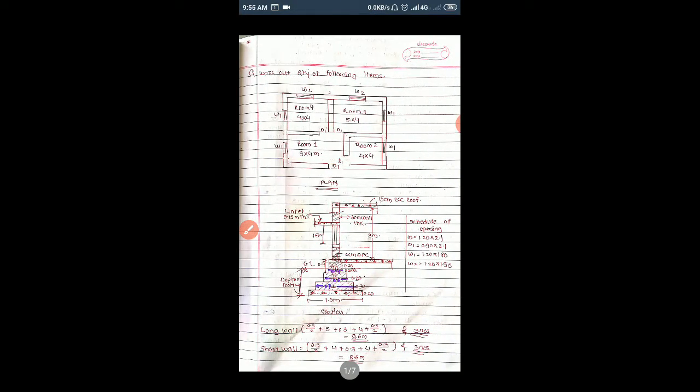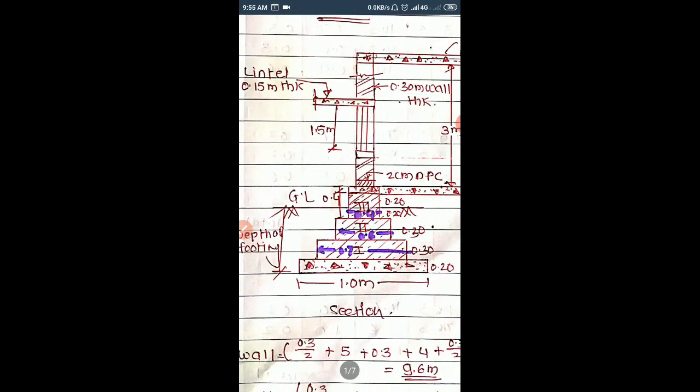Then moving towards the uncoursed rubble masonry. For uncoursed rubble masonry we have three steps. This is step 1, this is step 2, and this is step 3. For each rectangle we will calculate separately.